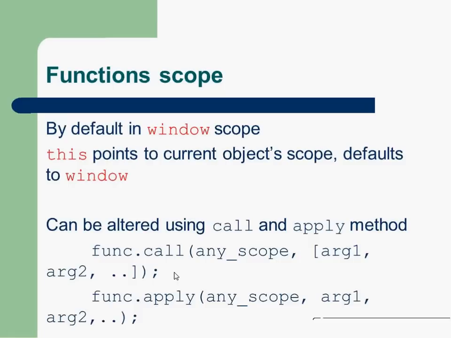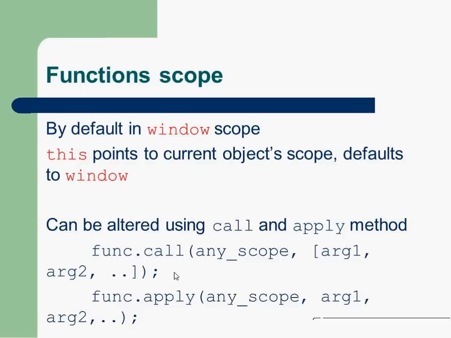Basically your function will be called in that particular scope. Similarly, the apply function, the only difference is in case of call, it's passed as a list of arguments, and in case of apply, it's an array of arguments you can specify.